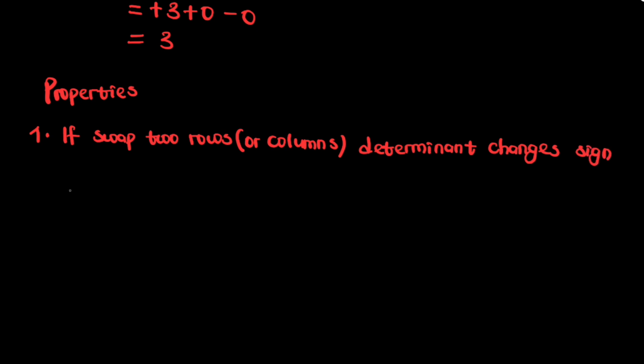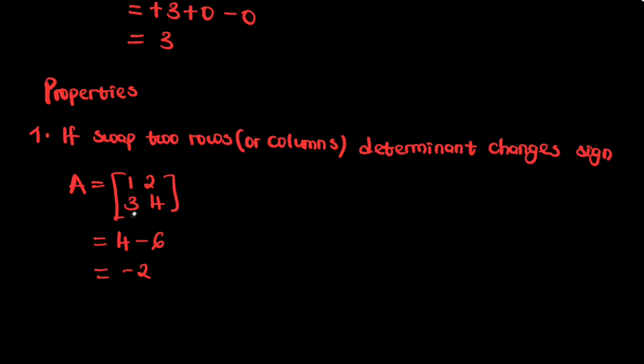So we can say if we have a matrix, let's say it is 1, 2, 3, and 4. So the determinant is 4 minus 6, which is minus 2.